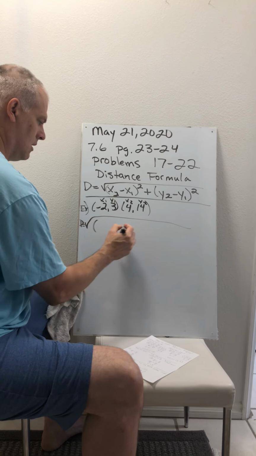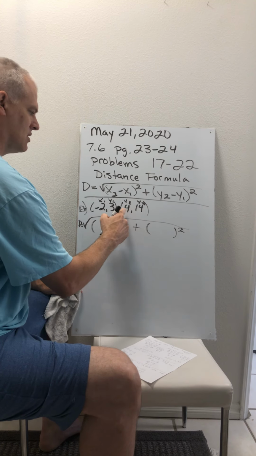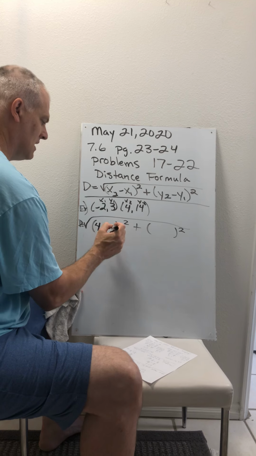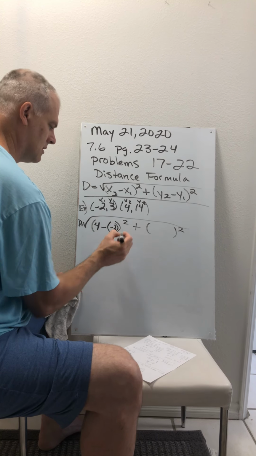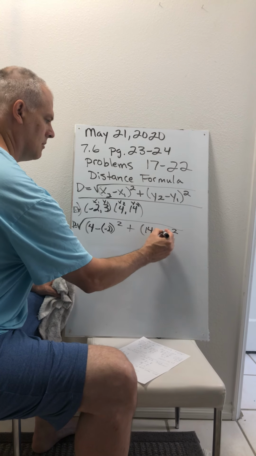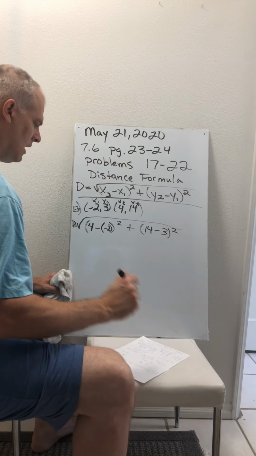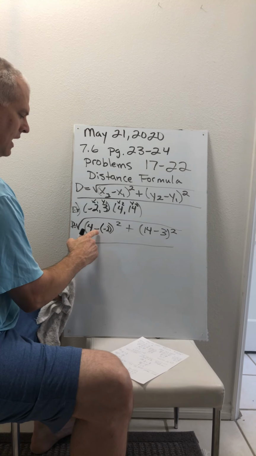So again, in parentheses, I'm going to put x2, which is 4, minus, since this is a negative 2, we have to put it in parentheses. Okay? Then for my y values, I'm going to put 14 minus 3. Okay, so d equals, well, what happens when I have two negatives?